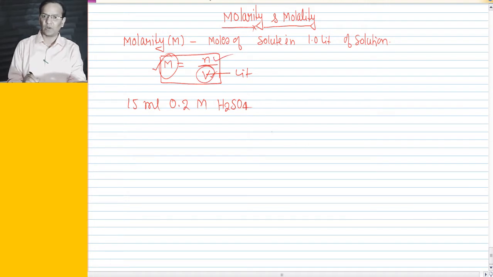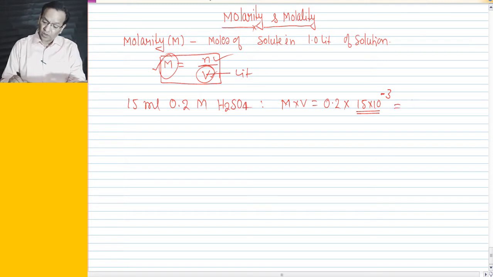So for chemical calculation, we want to know the number of moles of sulfuric acid. If we multiply molarity 0.2 by volume 15 into 10 raised to the power minus 3 liter, now I have converted milliliter into liter, it will be 3 into 10 raised to the power minus 3 mole.